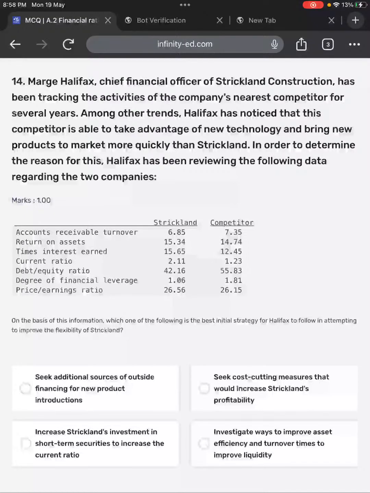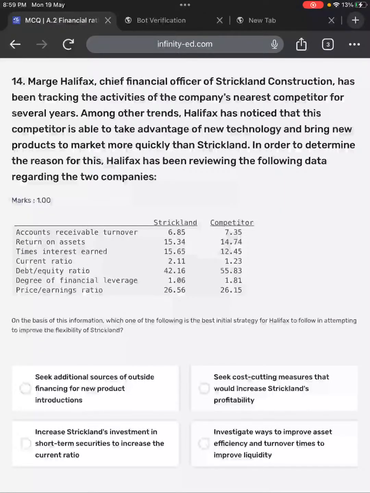EBIT, earning before interest and tax, divided by EBT, earning before tax, after interest. It means how much interest portion is there, we have to calculate that ratio. Simple. Okay.